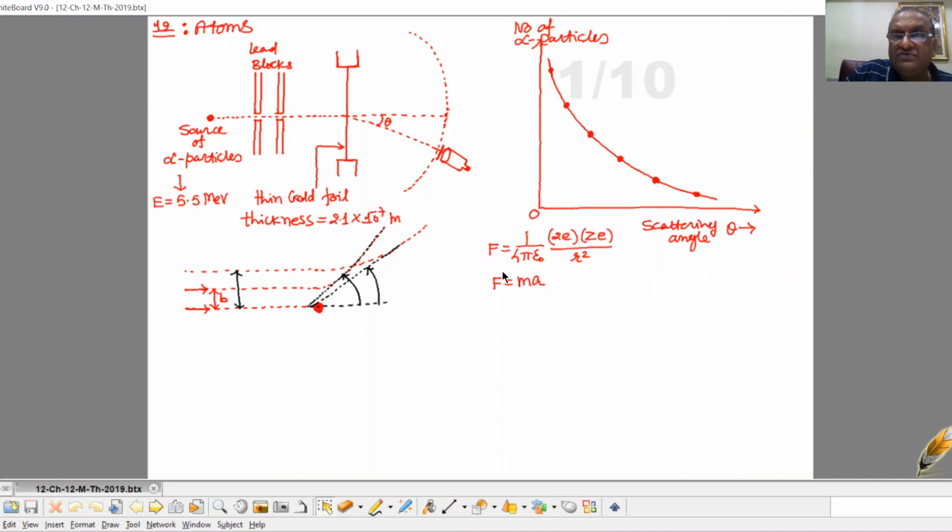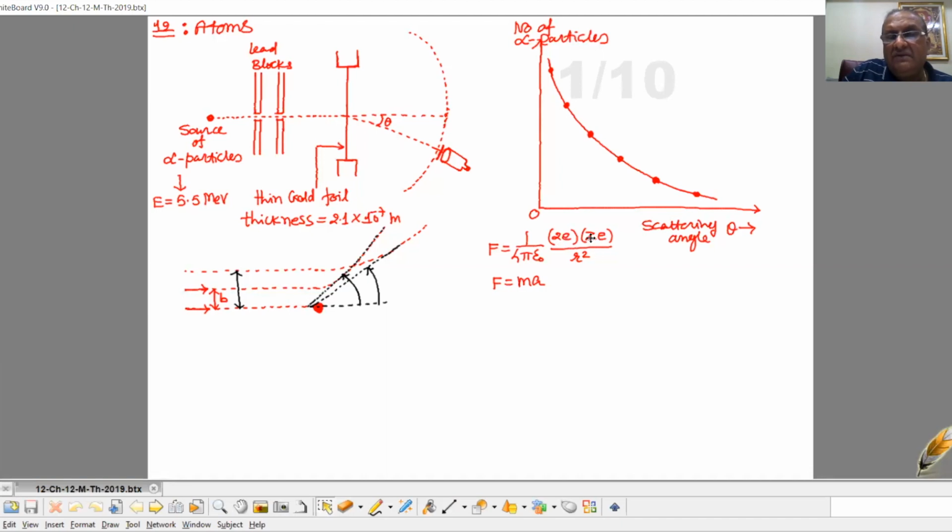So as per Coulomb's law, the force between that particular center of the atom and the alpha particle is 1 upon 4 pi epsilon 0 q1 q2, the charge possessed by helium, that is 2e, the alpha particle, and the charge possessed by the gold atom.